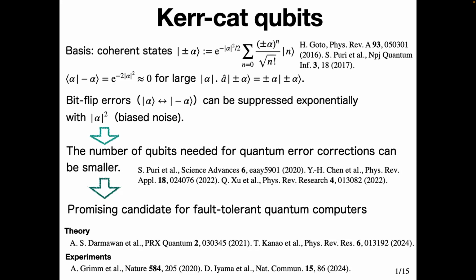So the number of qubits needed for error corrections can be smaller than the transmon or fluxonium case. So the overhead for quantum error corrections can be small. So this is an advantage of Kerr-cat qubits. Yeah, for example, for surface code, you only cancel one of the errors. The other error is already taken care of.